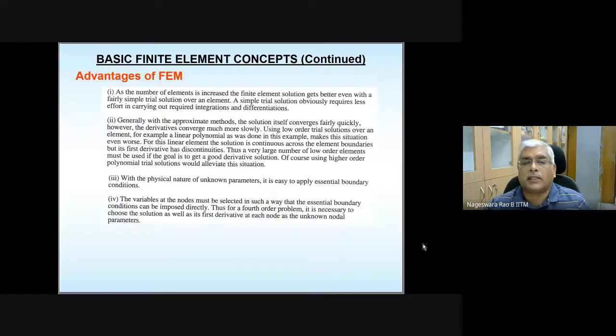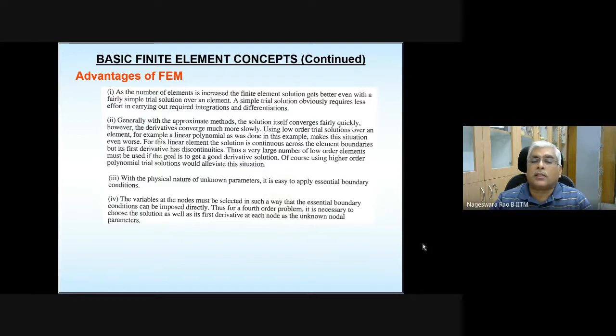Advantages of the finite element method. It also answers some questions asked by a student at the end of yesterday's class.